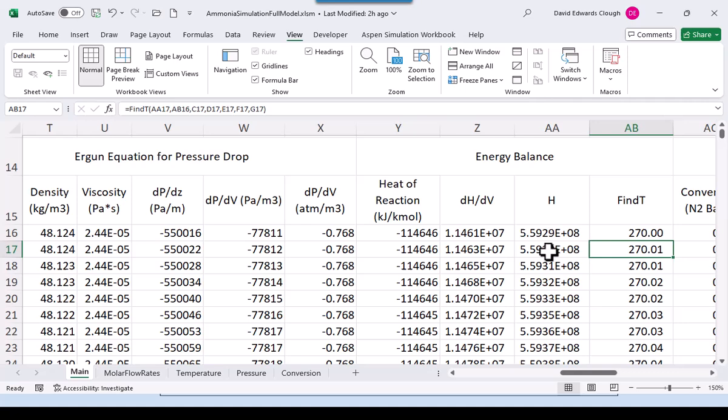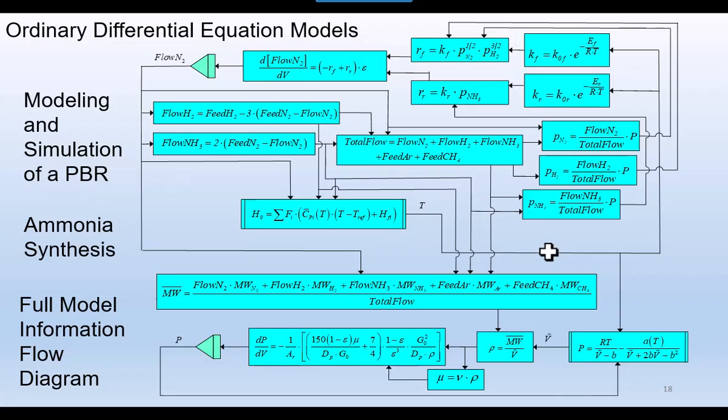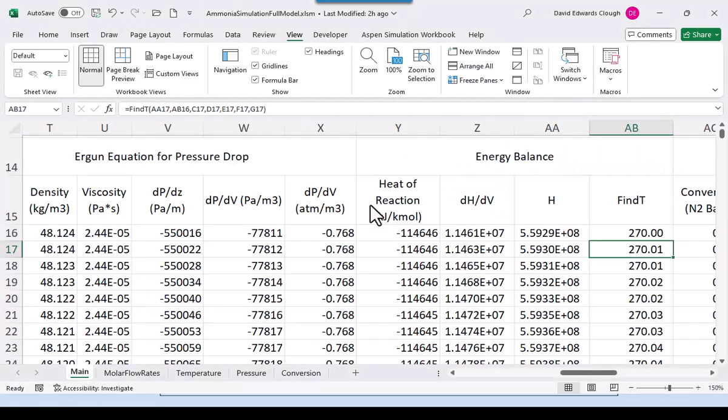And there is a function in Excel VBA called find T that we will look at, and the find T function is what solves this relationship for the temperature, okay? So that's what that looks like.